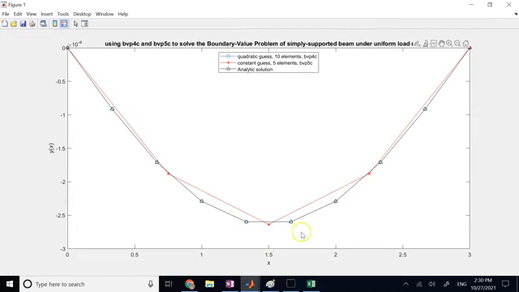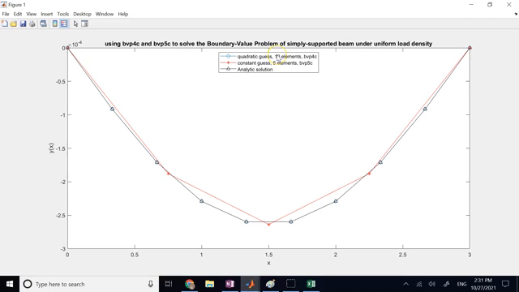And you clearly can see that when I use more elements, 10 elements, the solution is way closer to analytic than when I use what? 5 elements. Although here with 5 elements I use the better, more accurate solver, definitely more elements is having a larger effect on the total error than the higher order solver.